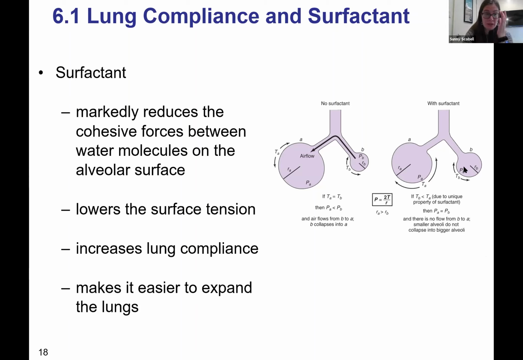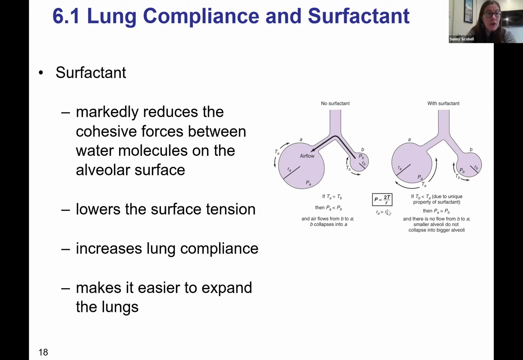So this is the reason why surfactant is so important for keeping the lungs open. Please take a look at this calculation. You can see what happens is we can get the area across the, if we took and cross-sectioned it and then went around the perimeter, and we have 2 times the perimeter divided by the radius, is going to give us the pressure inside the alveolus.